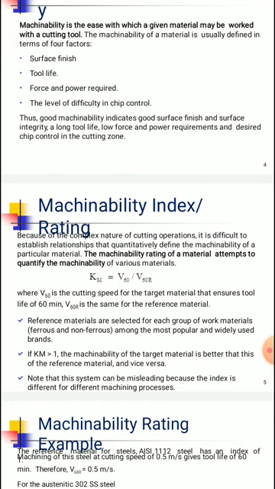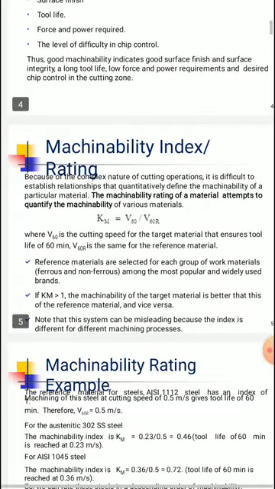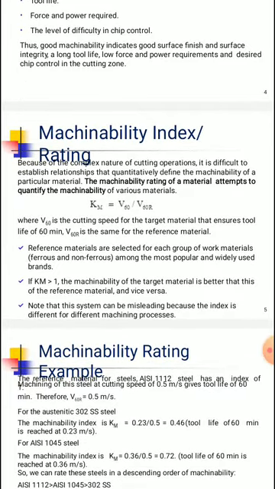And this is what we say with respect to the reference material, the material which belongs to a family. We have to take note that this system can be misleading sometimes, because the index is different for different machining processes. The machinability index is different for different machining operations, like we will see in further lectures: operations like turning, milling, drilling.